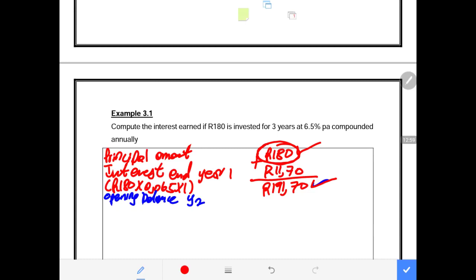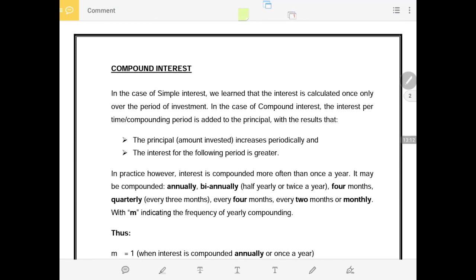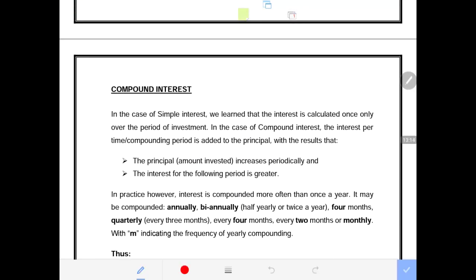So now the interest will be earned on this 191.70, meaning interest for year 2 will be greater than the interest of the previous period. If you remember on the theory, there was a sentence that said that the interest for the following period is greater than the interest of the previous period. Why is that the case?